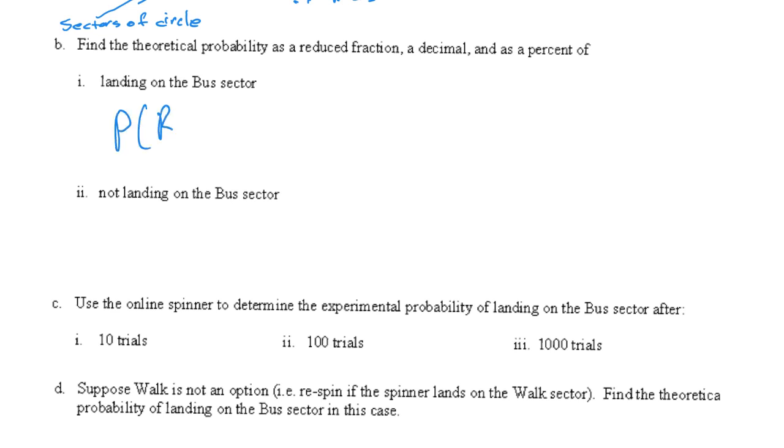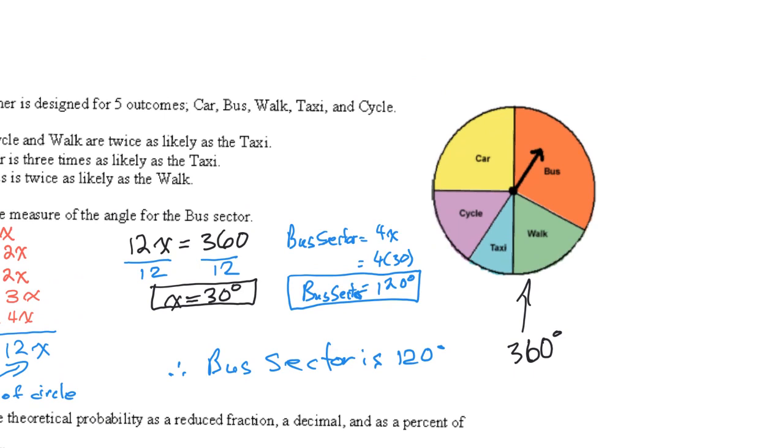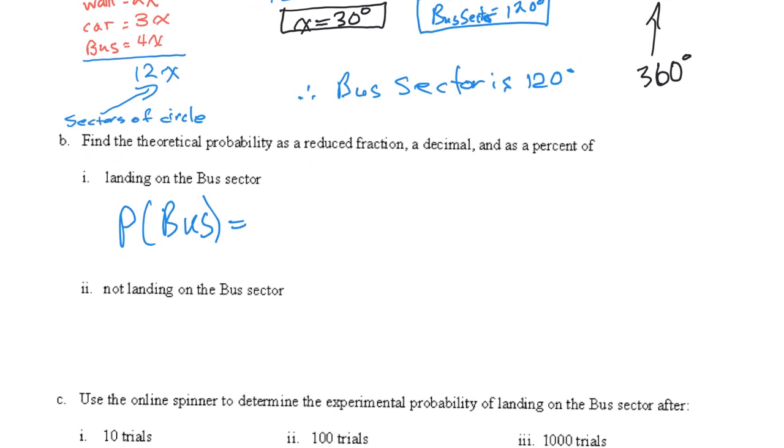Think about it: here is the bus sector right here, and it represents a wedge of the entire thing, and we know that the whole is out of 360. So our probability is literally going to be 120 over 360, because we had 120 for the bus sector.